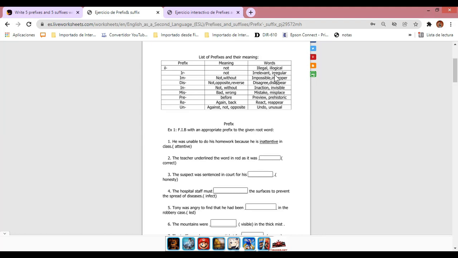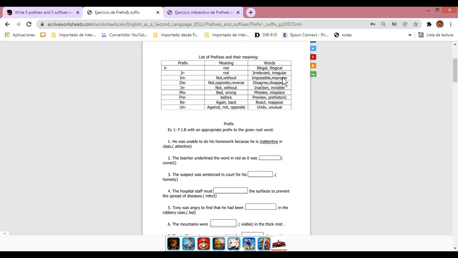Irregular, something that is not regular, not in shape, in a line or in a curve. For example, a rock is irregular. Im, not or without. When something is possible, impossible is something that could not be.